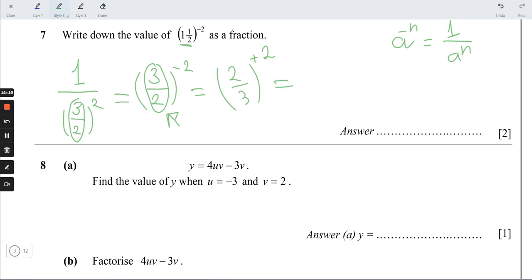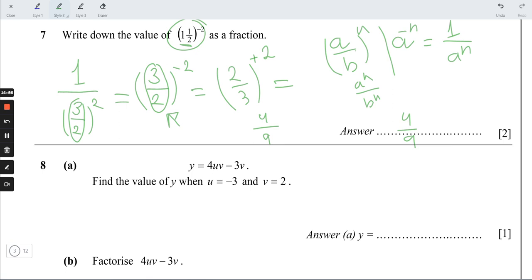Now also we have a rule in the laws of indices: a over b to the power of n is equal to a to the power of n over b to the power of n. So 2 to the power of 2 is 4, because it's 2 times 2, and 3 to the power of 2 is 3 times 3, which is 9. So our answer is 4/9, and we rewrite again this power as a fraction.